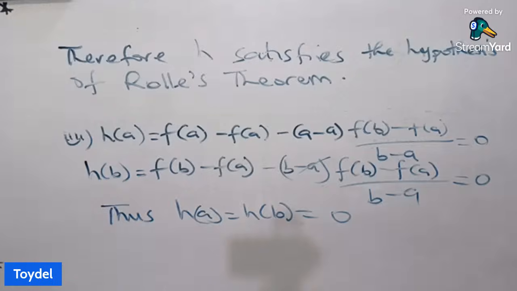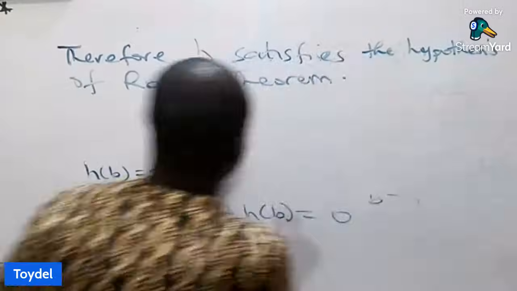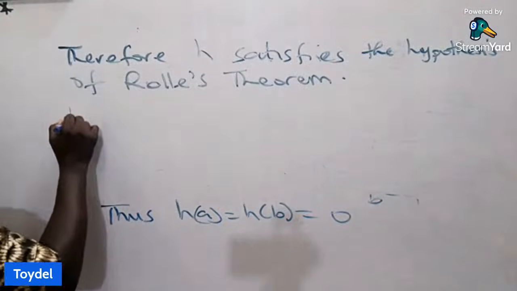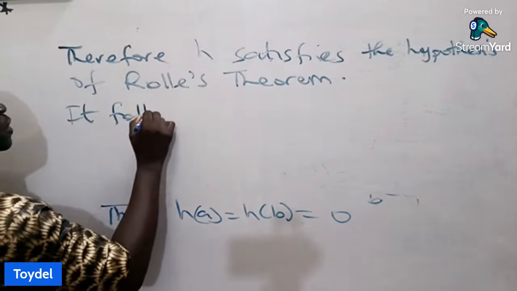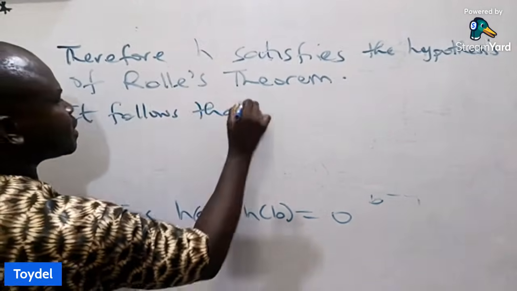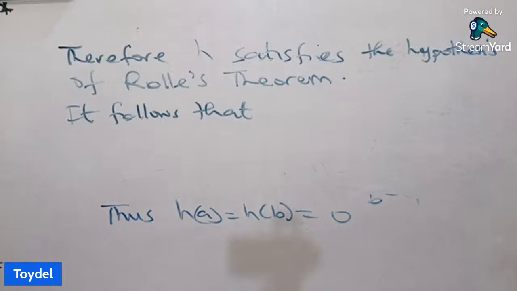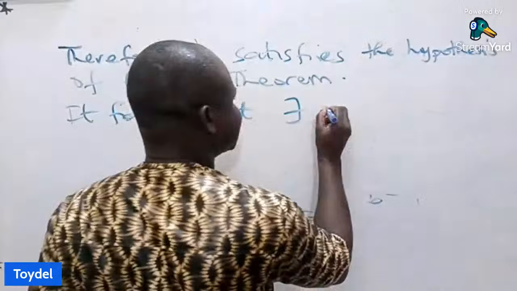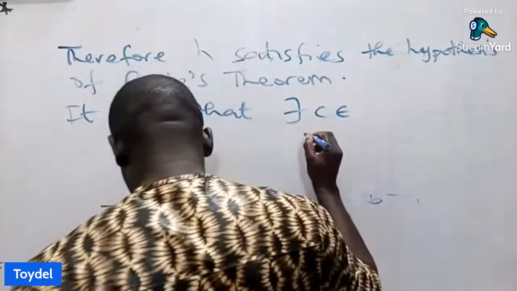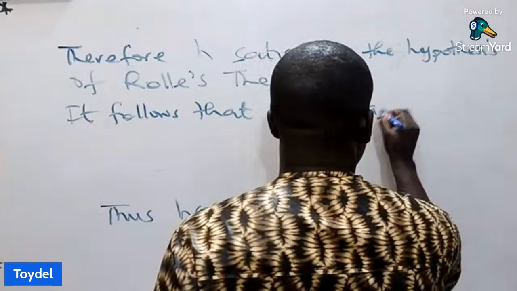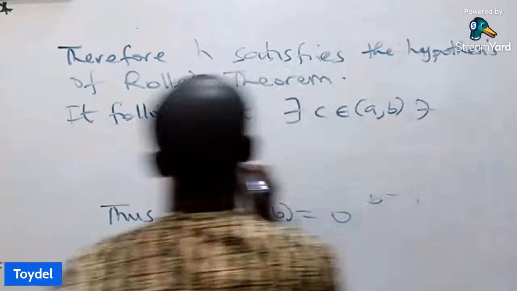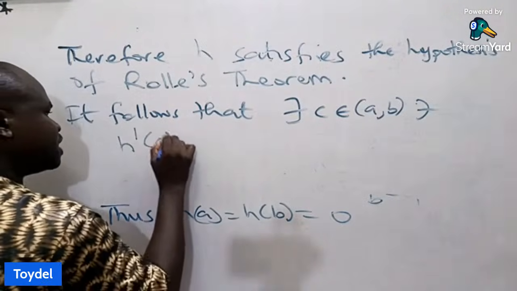It follows that there exists c that belongs to the open interval a comma b such that h prime of c is equal to 0.